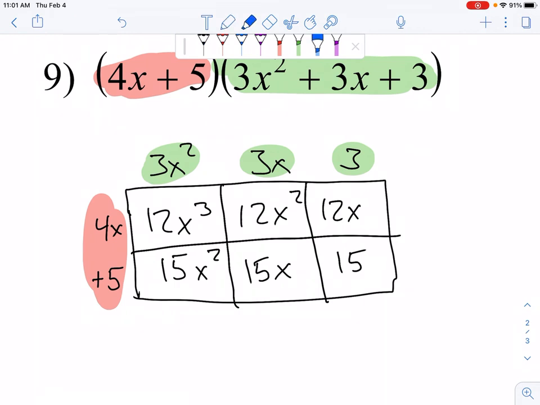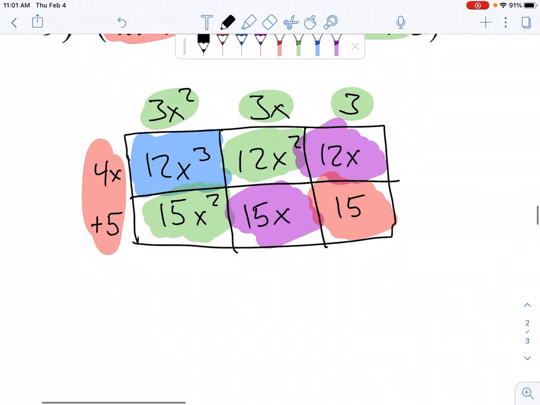I'll try to color coordinate this for you here. So no common. This one has 2 common. This one has 2 common. And this one has no common. So your edges don't have common factors, and your diagonals do.